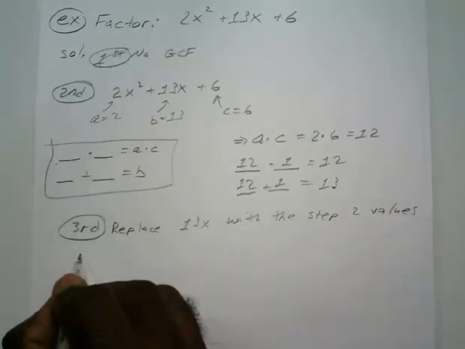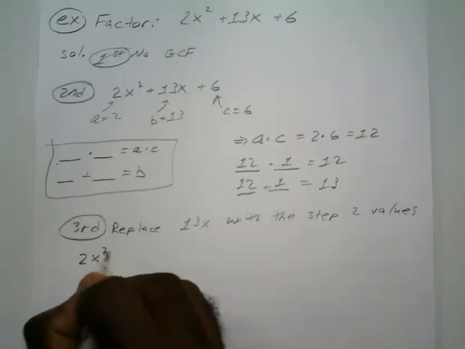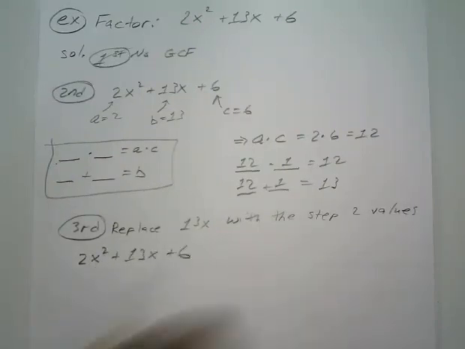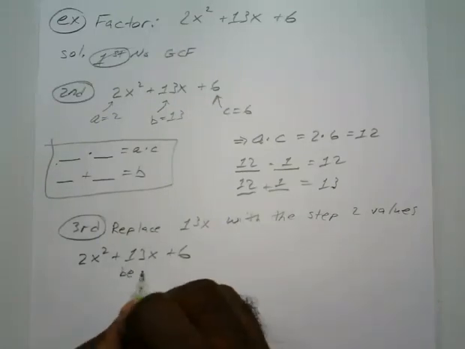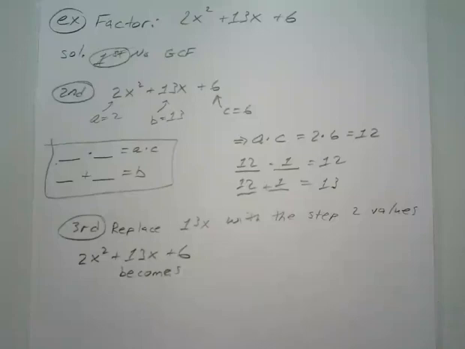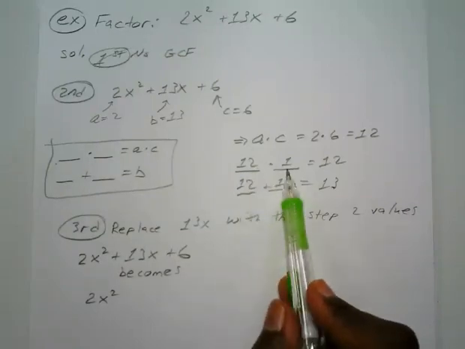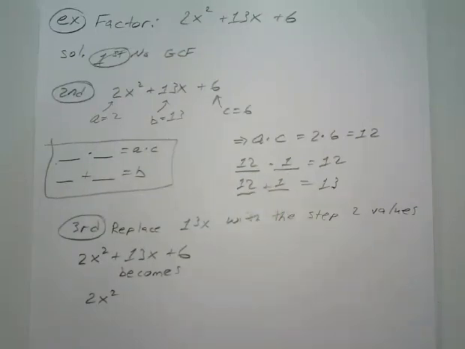Okay, so that means our 2x squared plus 13x plus 6, which is what we started with, becomes 2x squared. And instead of 13x, you get 12x plus 1x, or 1x plus 12x. Doesn't matter either way.